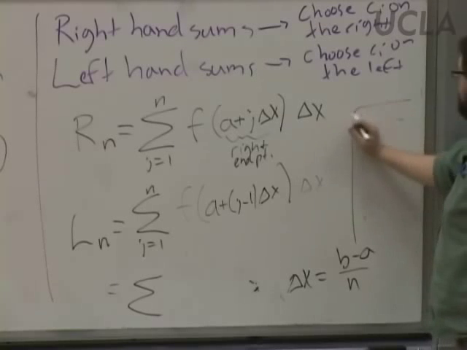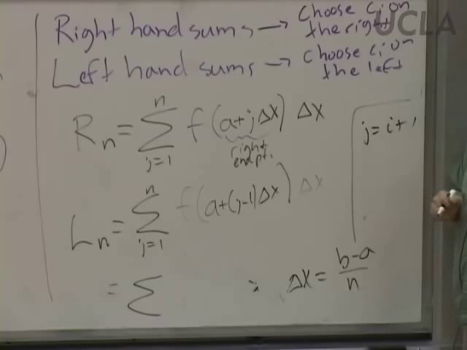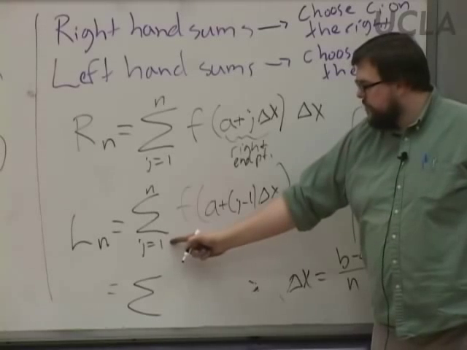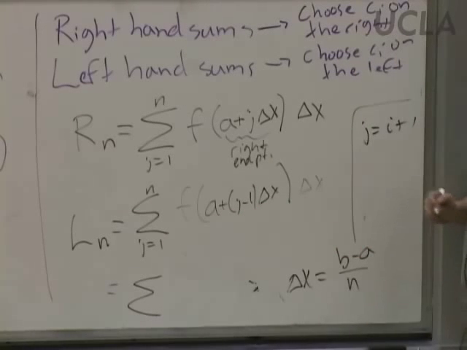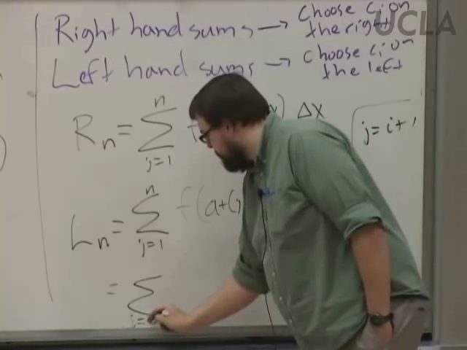I'm going to let j be equal to i plus 1. So that if j equals 1, what should i be? i would be 0. So I don't start my sum at 1, I start my sum at 0.